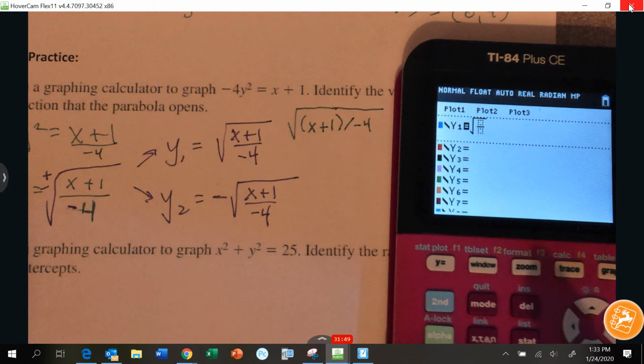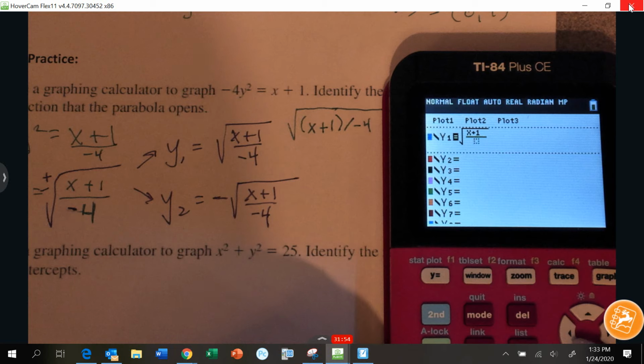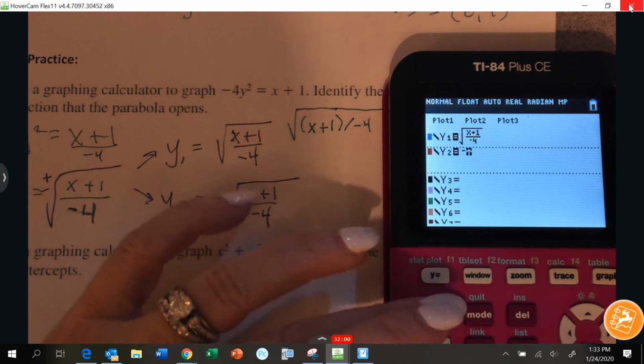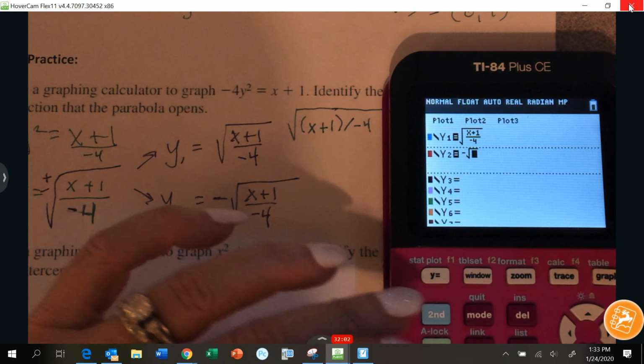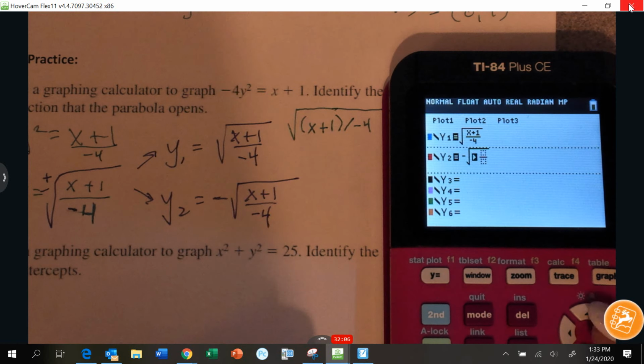X plus 1 over negative 4, square root, and then negative square root, alpha y equals x plus 1 over negative 4.